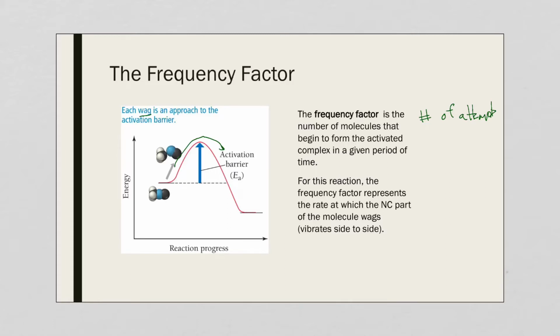In essence, it doesn't tell us how many times we're actually successful. But one might conclude that the bigger the frequency factor is, the more we're going to go over, because, like anything, the more attempts you make, the more successful attempts you're likely to get. So the frequency factor, again, is the number of times the reactants approach that activated species.